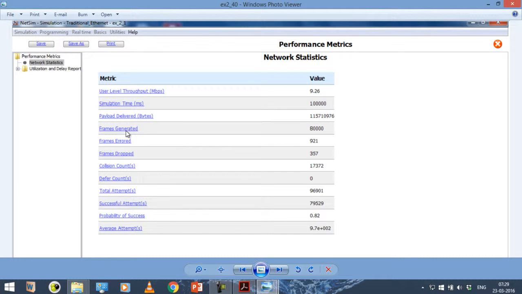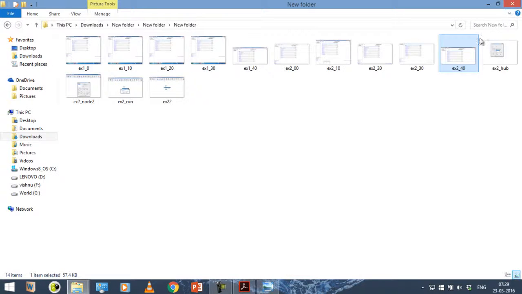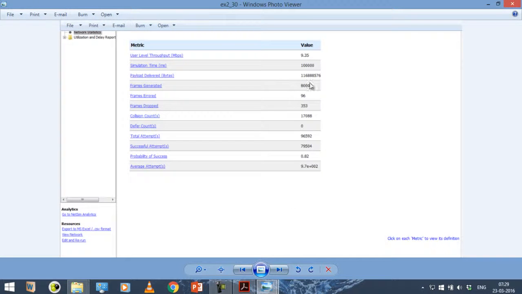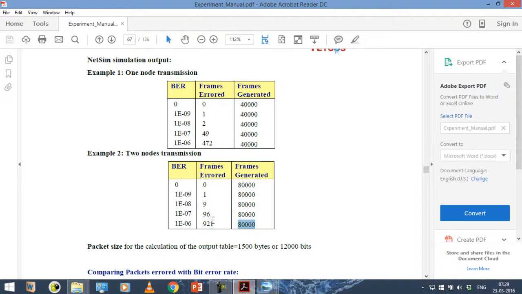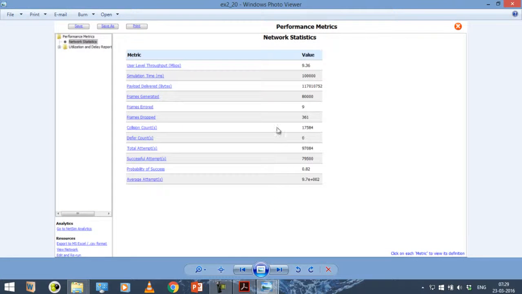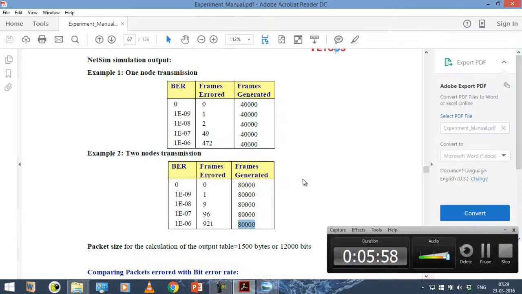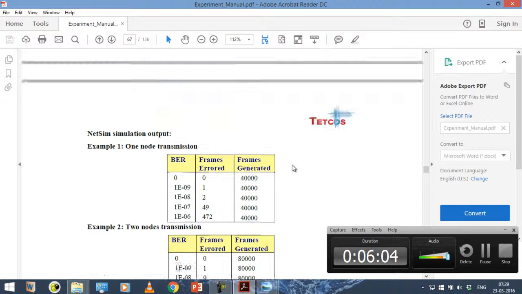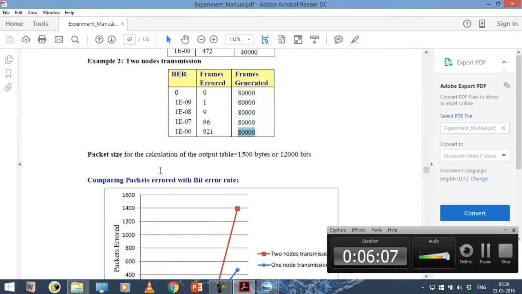Similarly, in all the remaining cases it is 96 and 80,000. Here the packet size for the calculation of the output table is 1500 bytes in the first case and 12,000 bytes in the second.